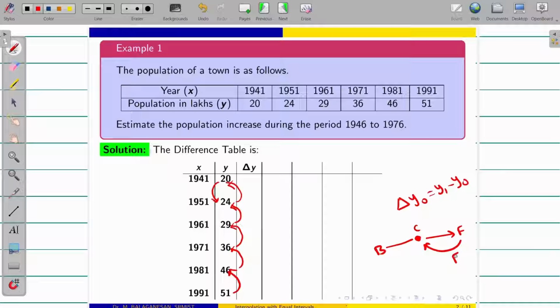That is delta. If it is current position value minus the previous back position value, it will give the backward difference operator. In the table, if you apply the forward concept, we can take it for the backward also. I will tell you how it will be possible in future.